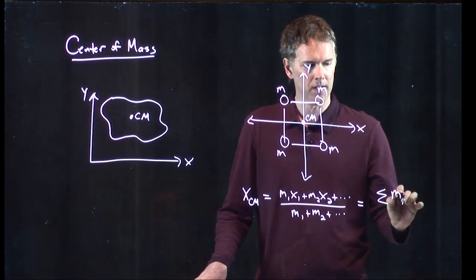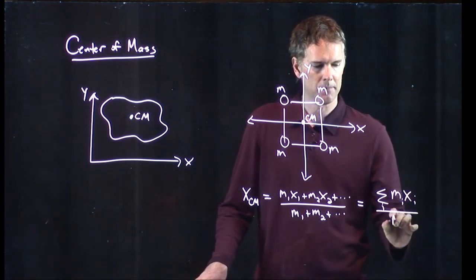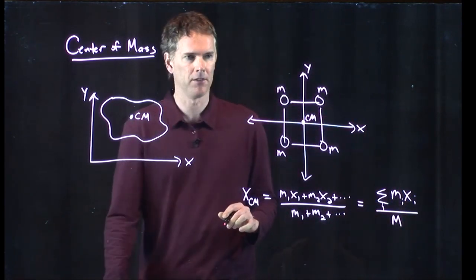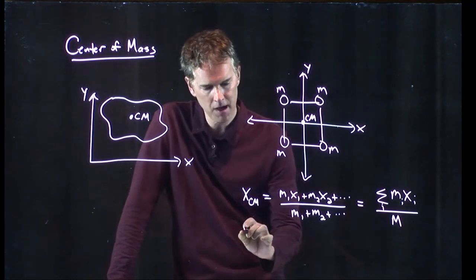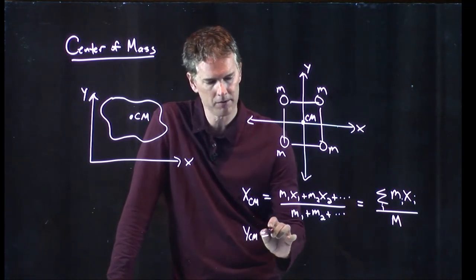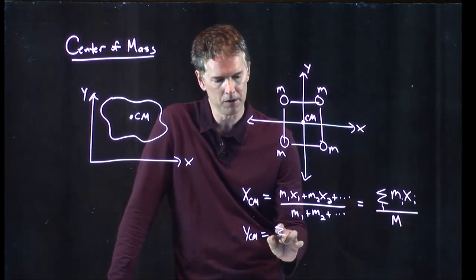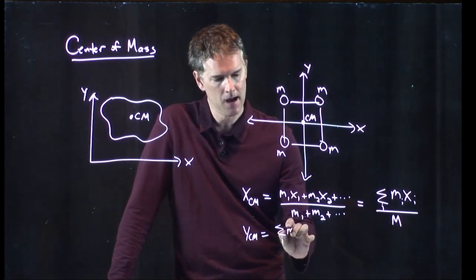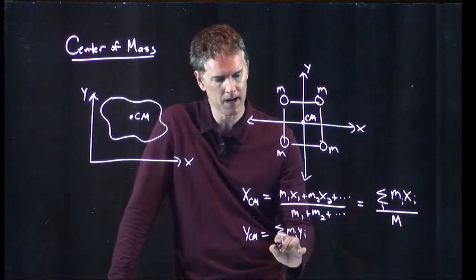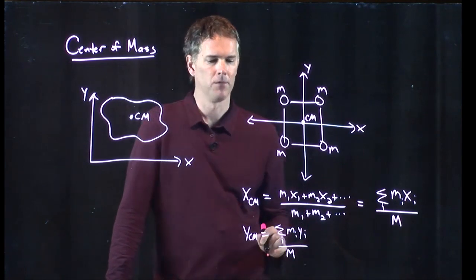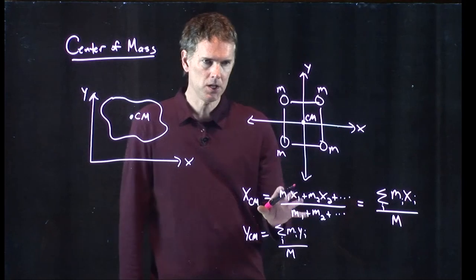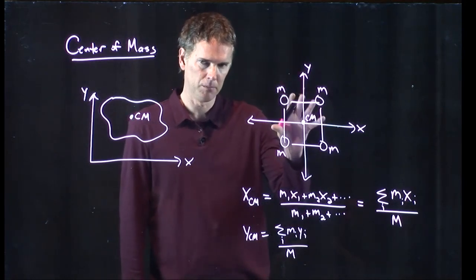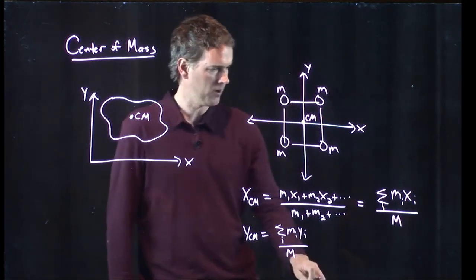It's the sum of m sub i, x sub i, divided by capital M, the total mass of the system. And I can, of course, do the same thing for the y center of mass. Y center of mass is going to be the sum over i, m sub i, y sub i, divided by the total mass. All right, with that information, let's calculate it for this particular example and see if Travis was right.